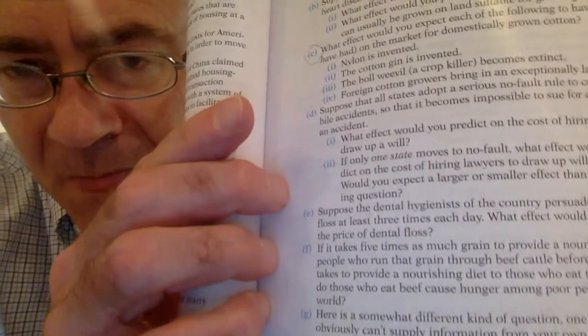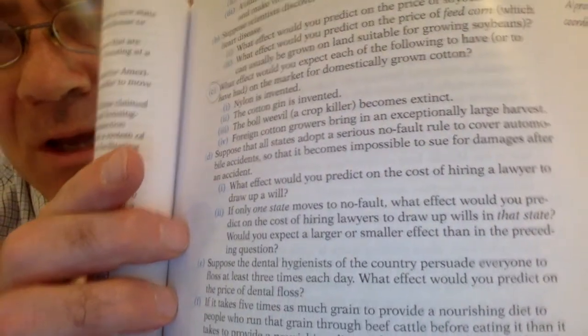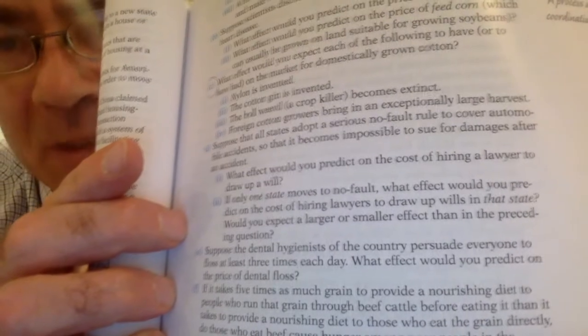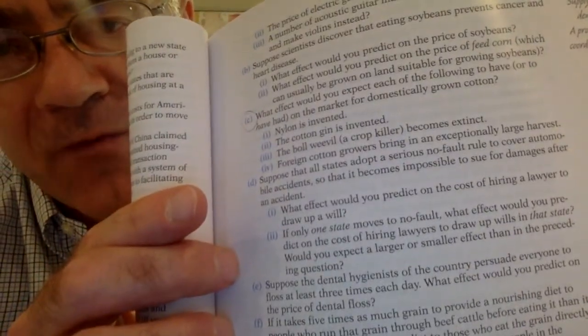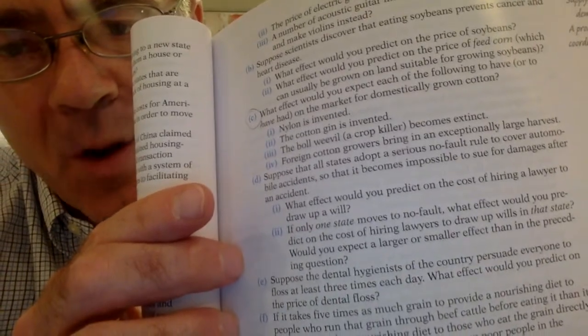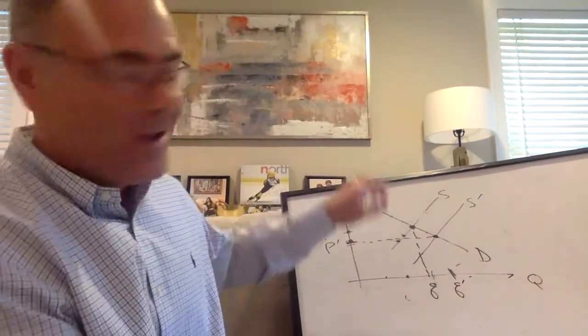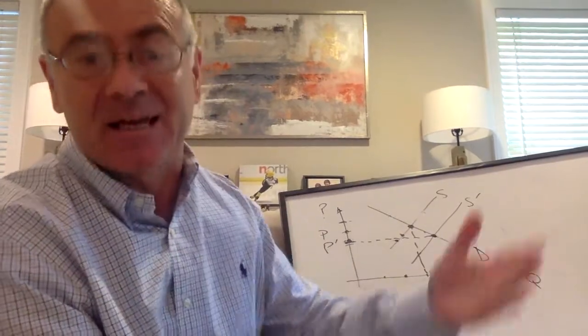Now, number 4 says foreign cotton growers bring in an exceptionally large harvest. If you had noticed before, it says, what effect would you expect each of the following to have on the market for domestically grown cotton. So our graph had been the supply and demand curve for domestic cotton.